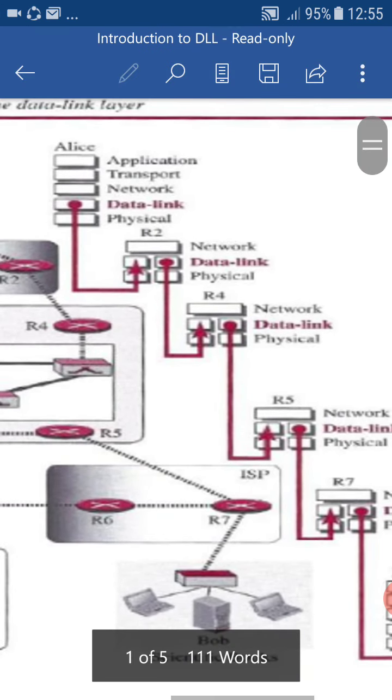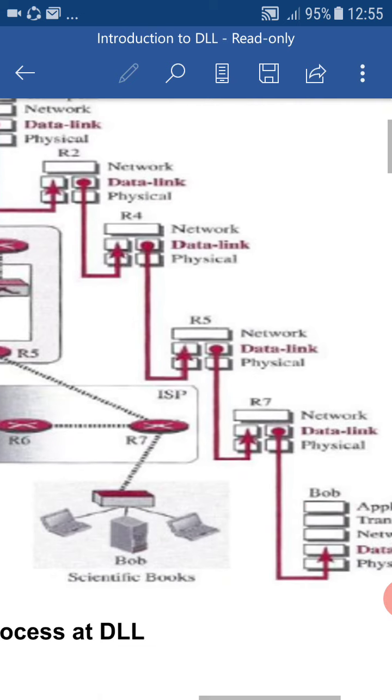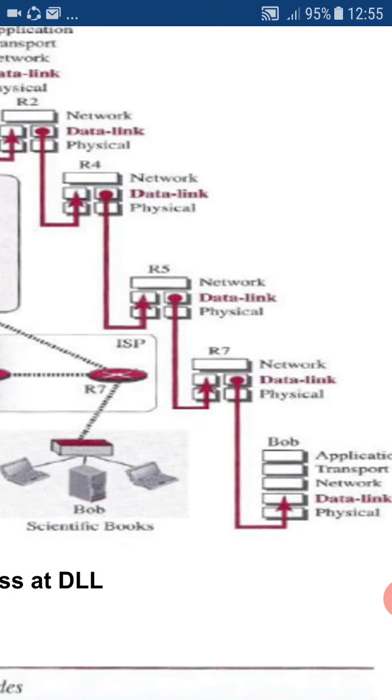You can observe R2 takes the input from Alice's network and R7 gives the output to Bob's network. Since the routers involve two different networks, two data links are required at the router side, whereas only one data link layer is required at the source and destination side.